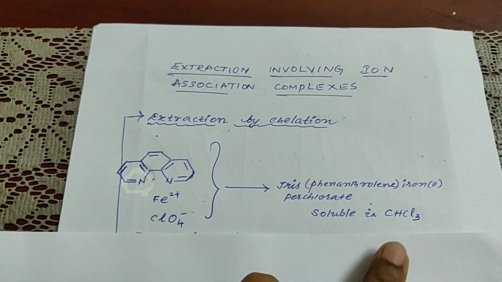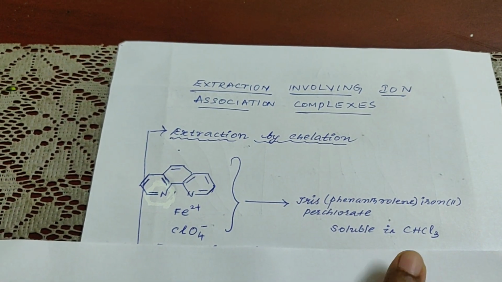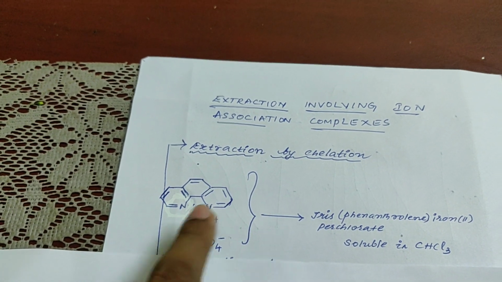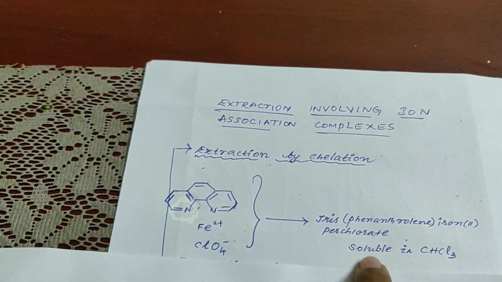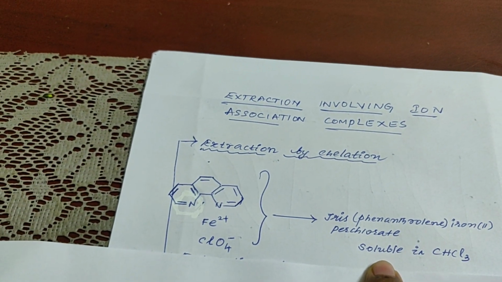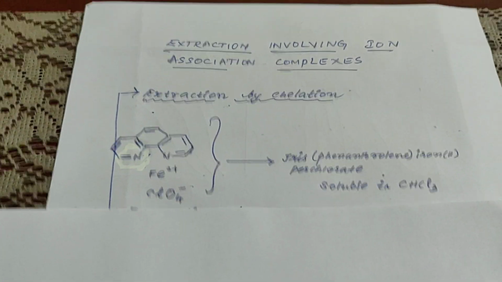This complex becomes soluble in chloroform, and hence we have converted the metal ion into a soluble, extractable form. So it gets extracted into the organic layer. It is the best example of extraction by chelation.